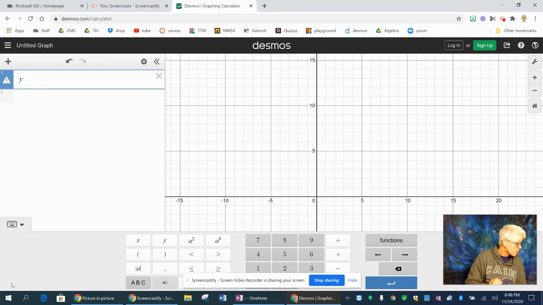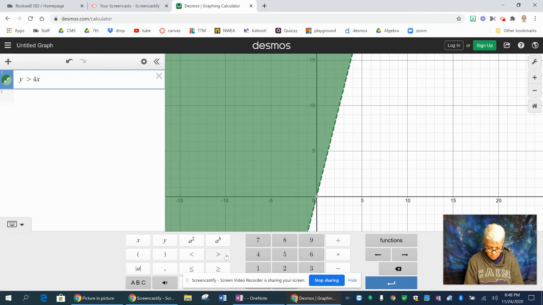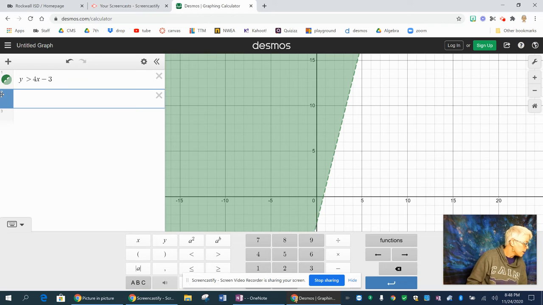So let's see. The first one is y is greater than, so you hit the greater than key, 4x minus 3. So cool that it shades it for you like that.